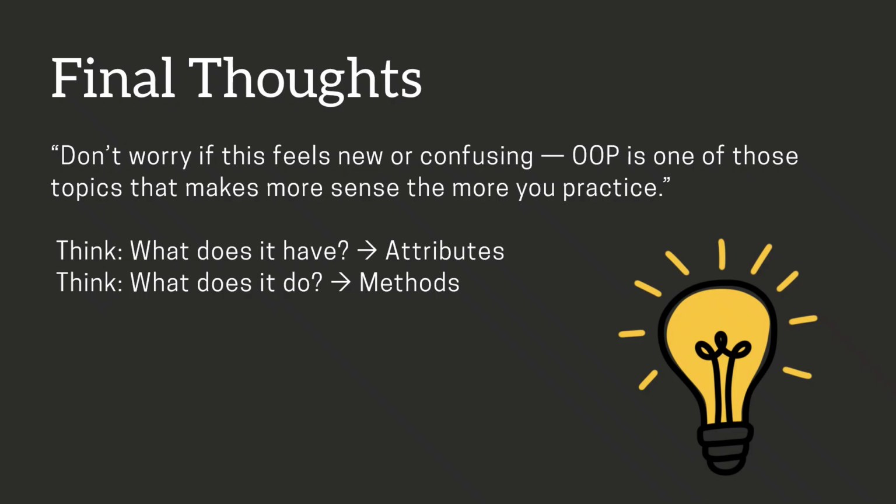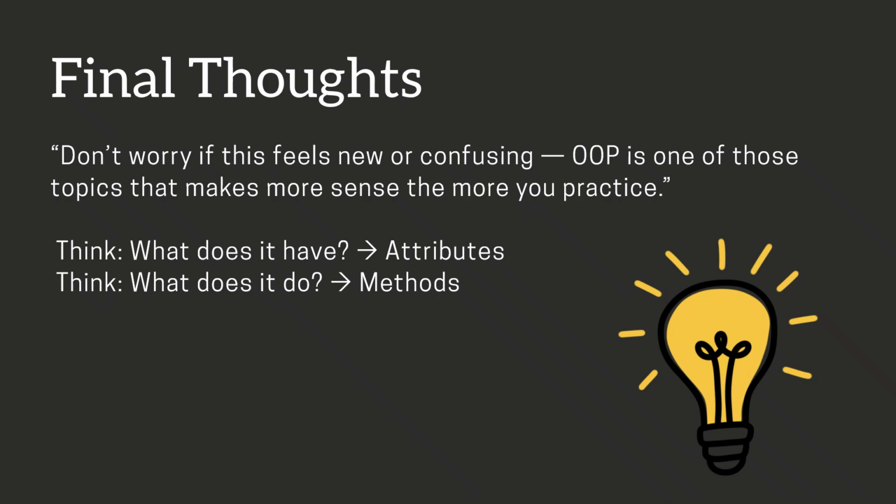Don't worry about writing full code in a specific language yet. Right now, the goal is just to be able to say, I can describe a thing in terms of attributes and methods, and I can write pseudocode for a simple class. That's exactly what we're aiming for with this module.